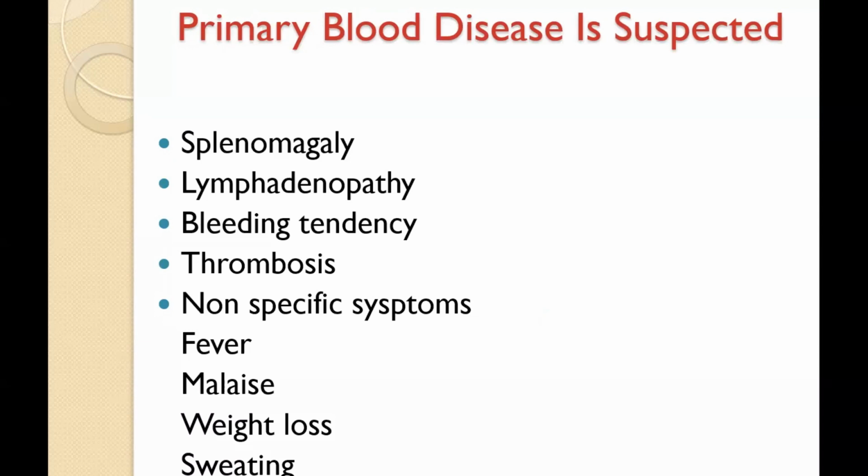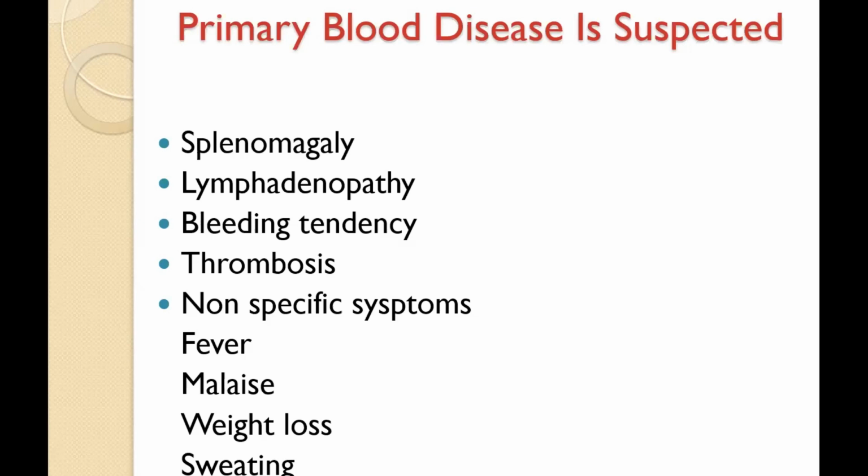Splenomegaly, lymphadenopathy, bleeding tendency, thrombosis, some non-specific symptoms like fever, malaise, weight loss, sweating. And here I would like to emphasize one point. Mild splenomegaly may be seen in up to 30% of cases of megaloblastic anemia. With severe anemia, and particularly, we have to be very careful when we are dealing with a case of pancytopenia.